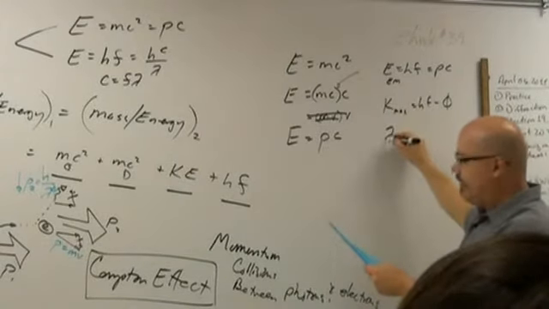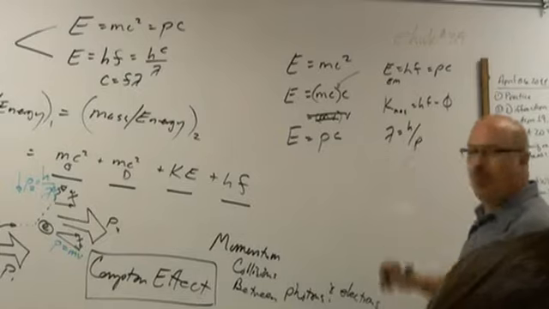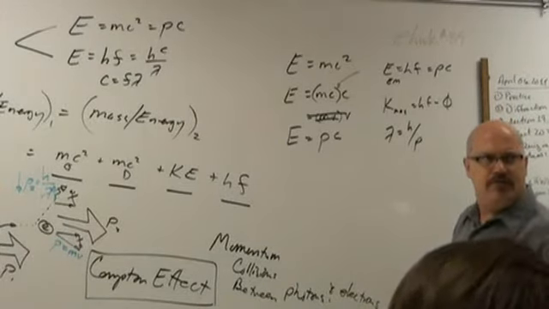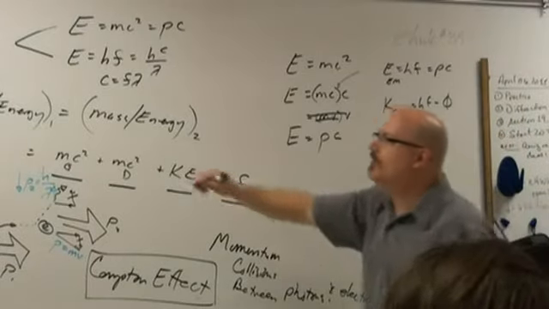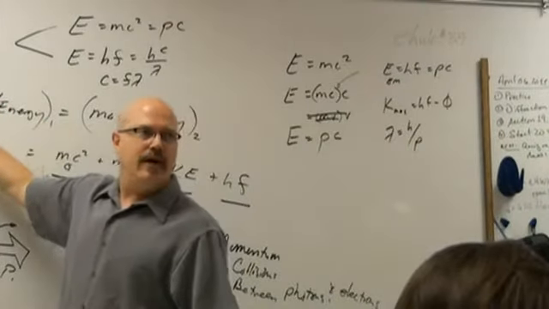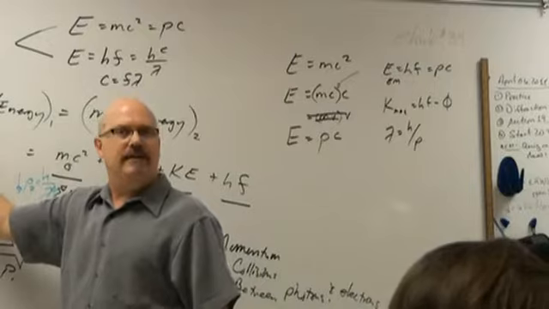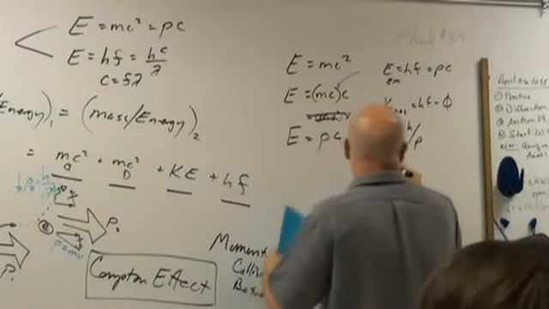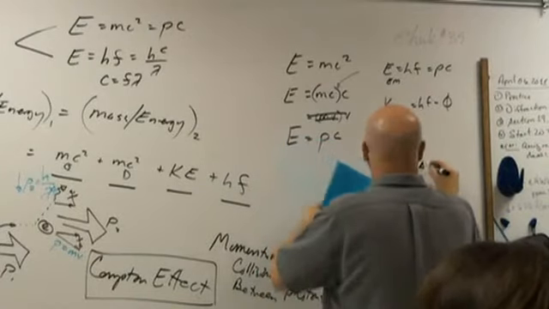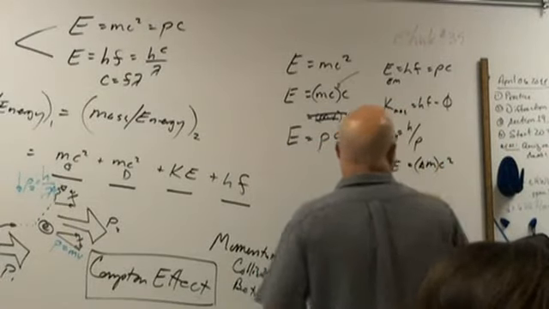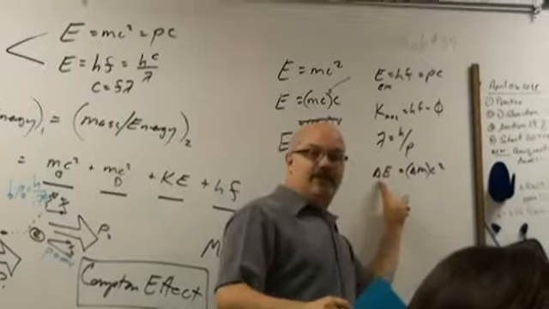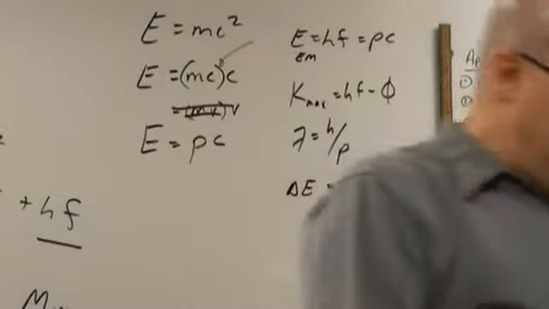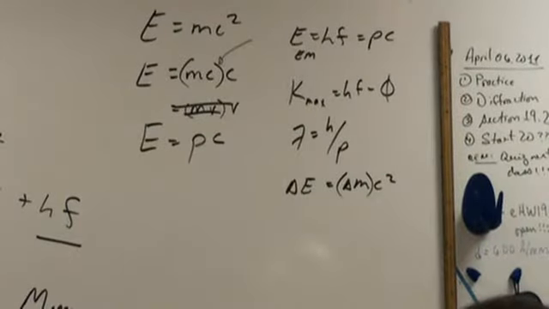You've got wavelength equals h over p. That looks different. Didn't we just do that a little while ago? Yeah, but I wrote it this way. It's just flipped around, so it looks a little different. And then you've got delta E equals delta m c squared. They're just saying the change in energy is equal to how much mass changes in a reaction. That's all the equations they give you.